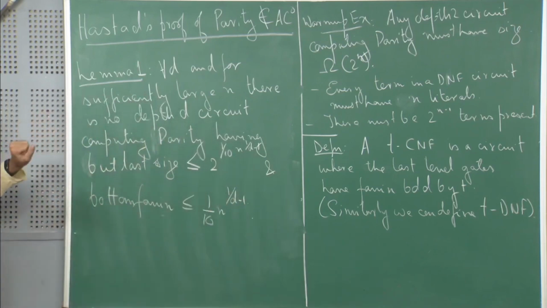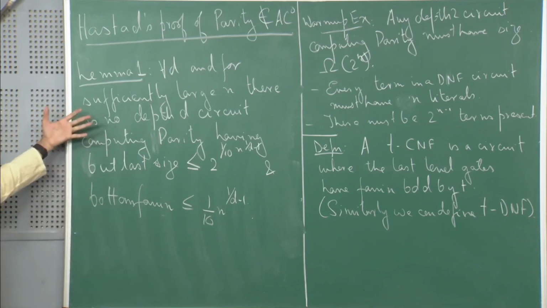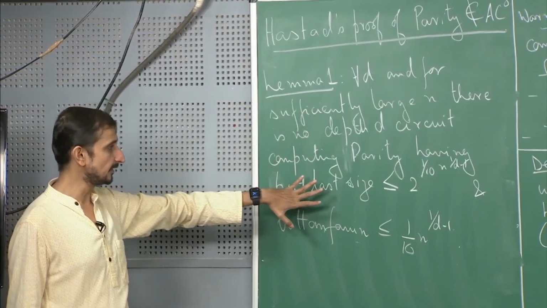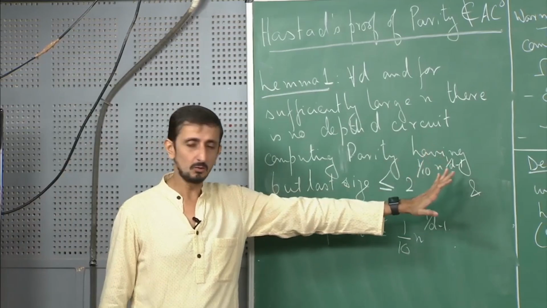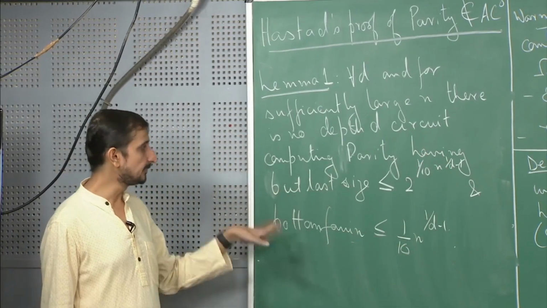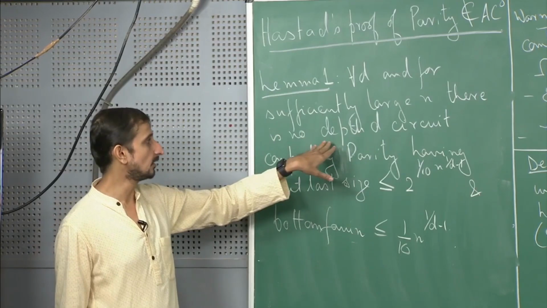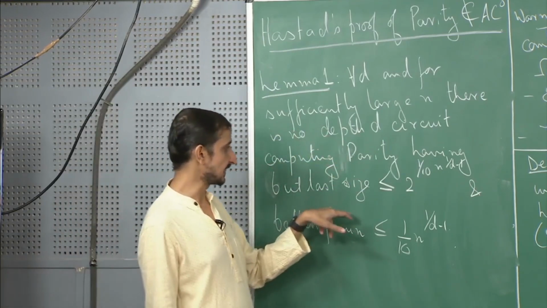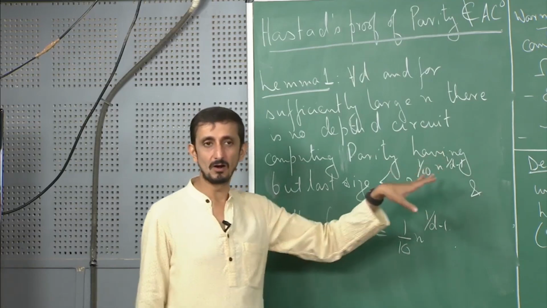I actually erased the previous theorem, but note that if I can prove this lemma, then I get a proof of the previous theorem. How do I get that? Suppose this lemma is true. Look at the previous theorem that I stated: there is no depth d circuit for parity having size smaller than 2 to the power 1/10 n to the power 1 over d.